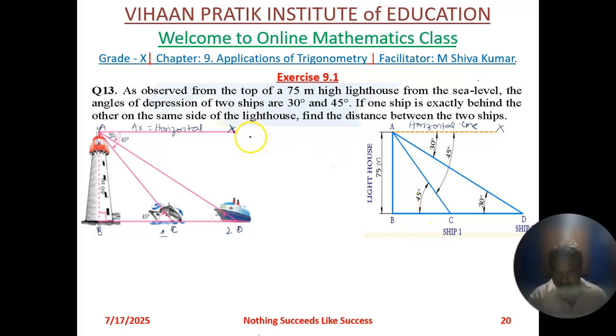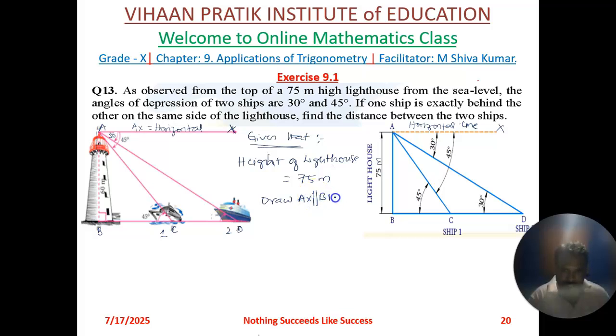So let's start. Given that the height of the lighthouse is equal to 75 meters. Draw AX which is parallel to BD.